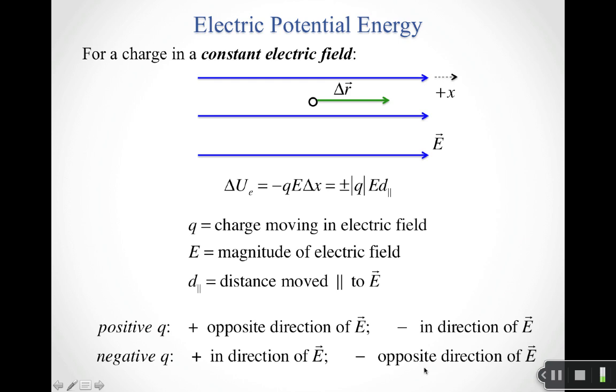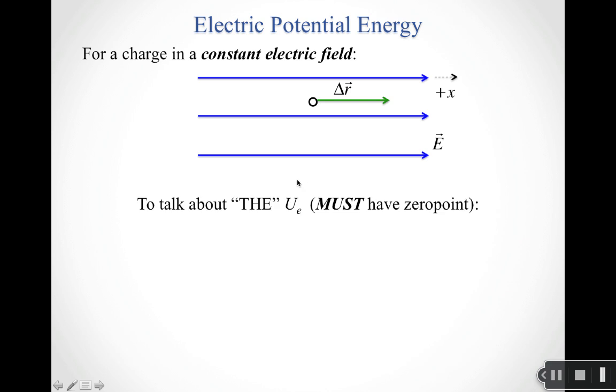You know that the potential energy will decrease if the positive charge moves in the direction of the electric field. The opposite works for a negative charge. So a negative charge moving in the direction of the electric field increases its potential energy. A negative charge moving opposite the direction of the electric field decreases its potential energy. So either way works. I will probably use this way in class, but again, it doesn't matter to me which way you choose to use.